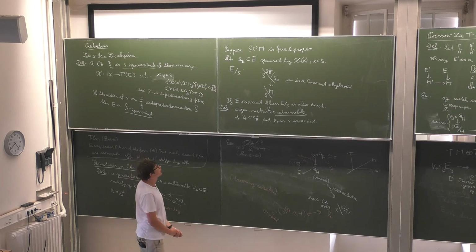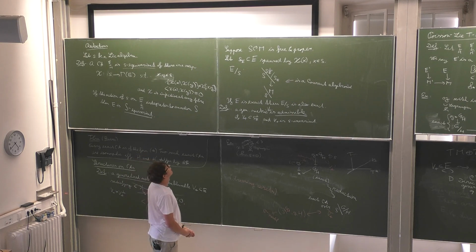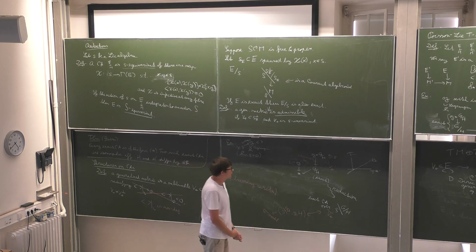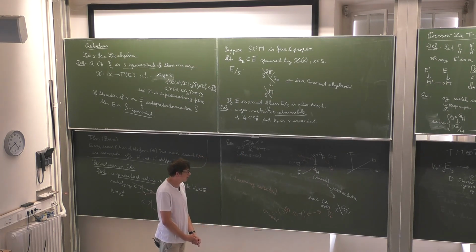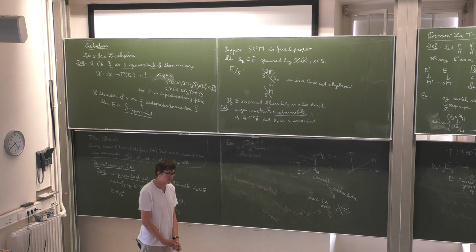Yeah, that's a good question. Sorry, at the moment I don't remember. I remember we never needed to worry about this three-form being S-invariant, but I would have to think a little. I cannot tell you off the top of my head, sorry.